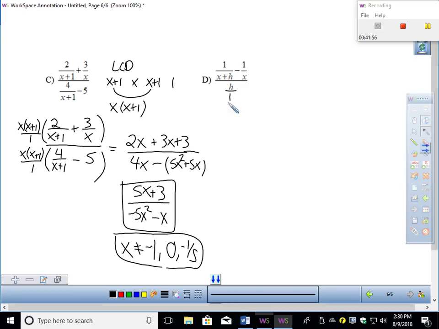Now in this particular case, I'm going to put that over 1. And I'm going to look at my LCD. And that's a denominator, so x plus h. That's a denominator, so that's x. And then obviously 1. And so I hope you can see LCD is x plus h. Perfect. All right, so rewrite.